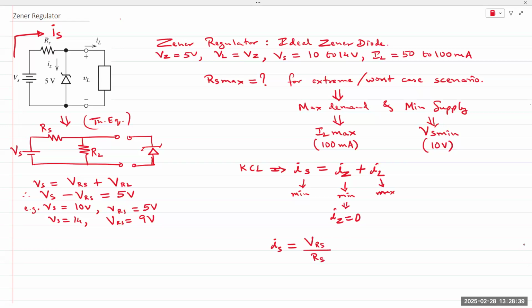Again, our goal is to find a value for RS, right? So we somehow need to find an equation that includes RS. And this does. Okay. So IS is VRS over RS. Then what is VRS? Voltage across that resistor RS.